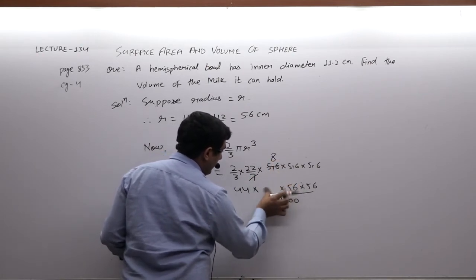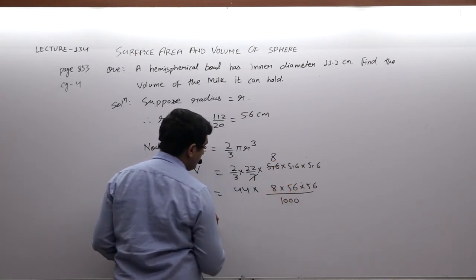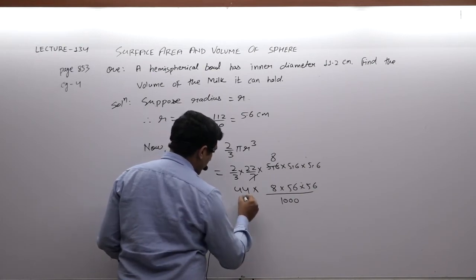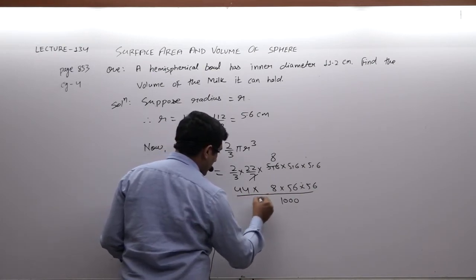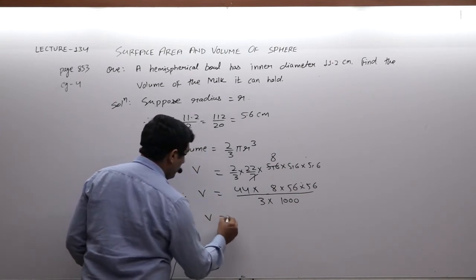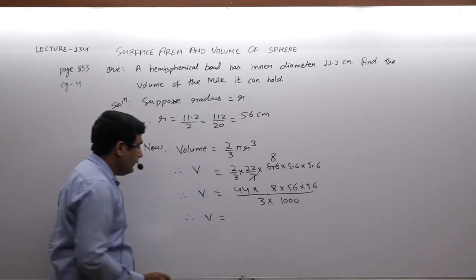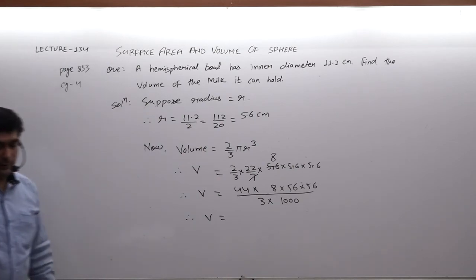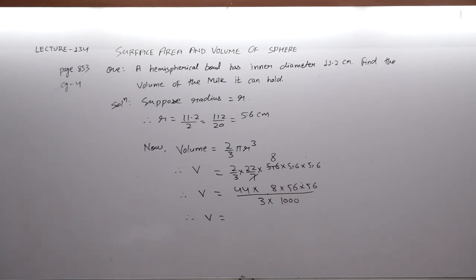So here actually I will get 8 and over here upon 3. So if you solve this, you will get your final answer. Multiply and divide to get the final answer.